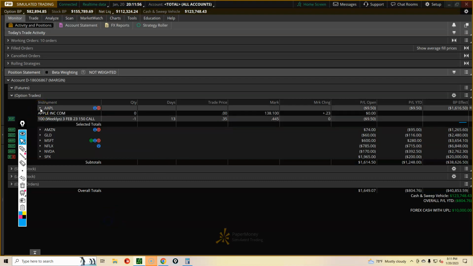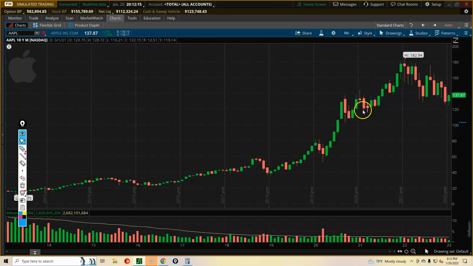Whether or not it'll give us the opportunity, because it's kind of like market prices, 44.5, we're in the negative by $9.50. Not too big of a deal. With this, I'm really practicing selling a naked call and turning it into a covered call. More on that in a moment.